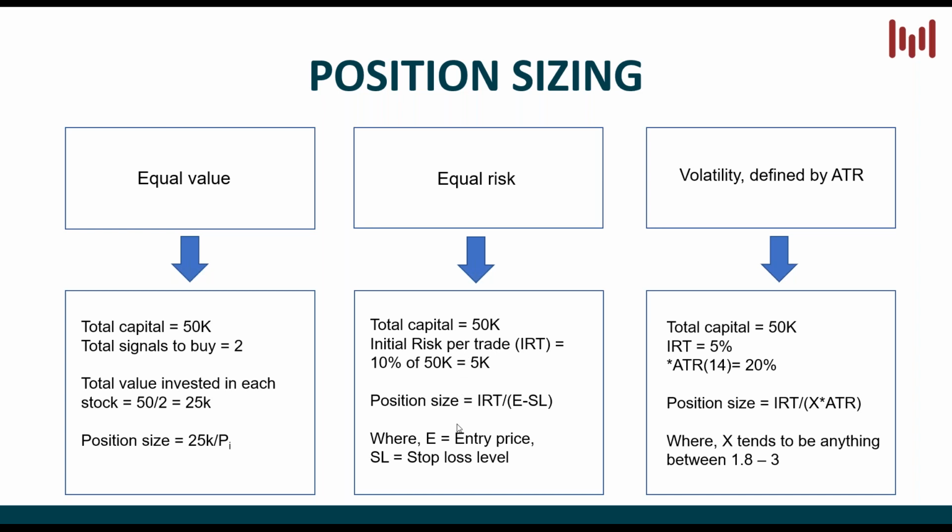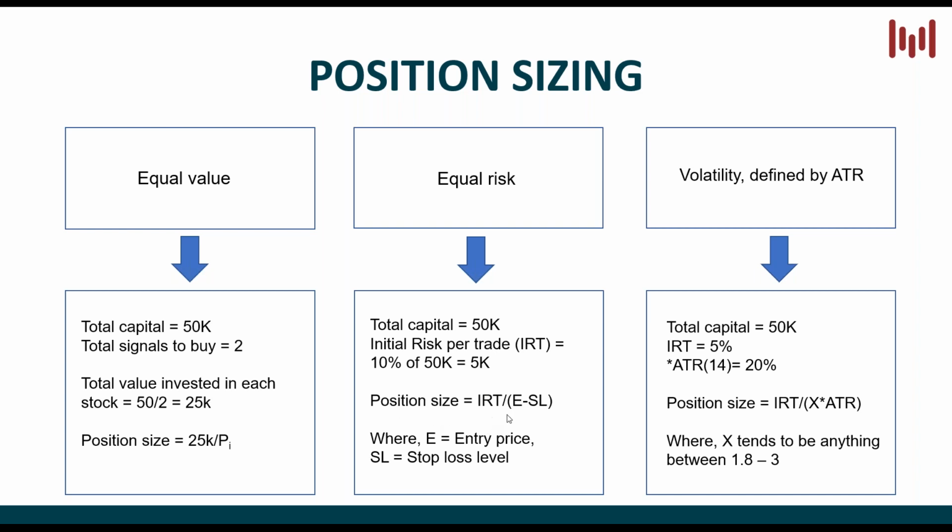Your position size will fall. On the other hand, if this is higher, or if this is lower, then your position size will automatically increase. So your position size is defined in this case by what each of these 3 components does. And if you move any of these variables, keeping the others constant, this number will also change.